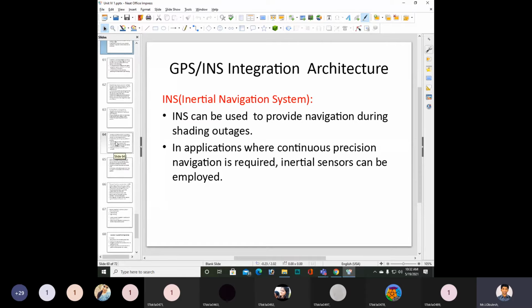In applications where continuous precision navigation is required, inertial sensors can be employed.